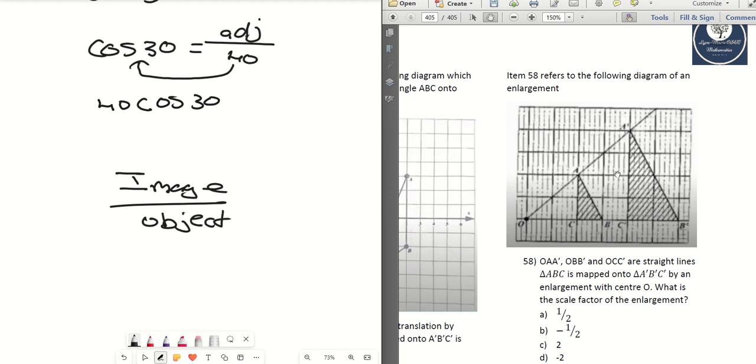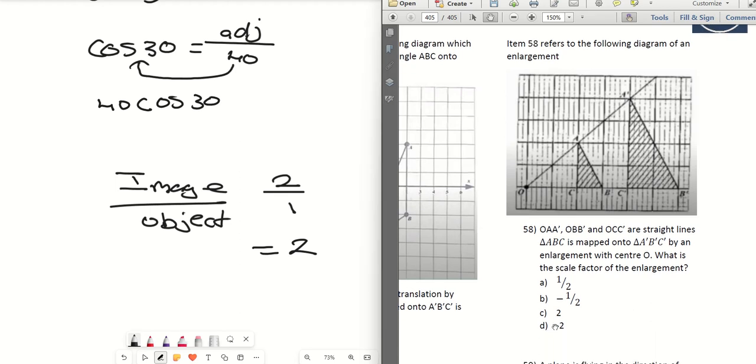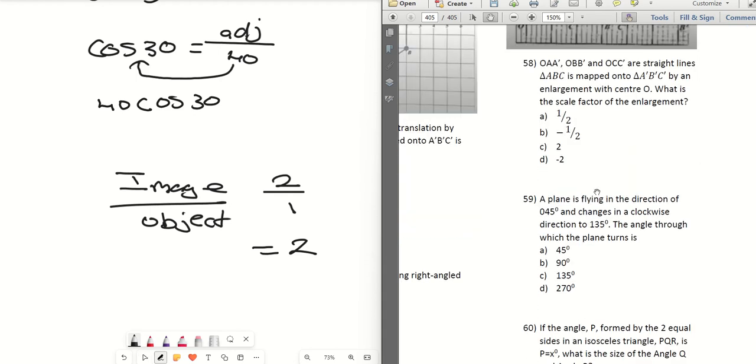So let's say we're taking CB. CB in your image is 2 units and your object is 1 unit. 2 divided by 1 is 2. So the scale factor is 2, which is C. So 58 is C.